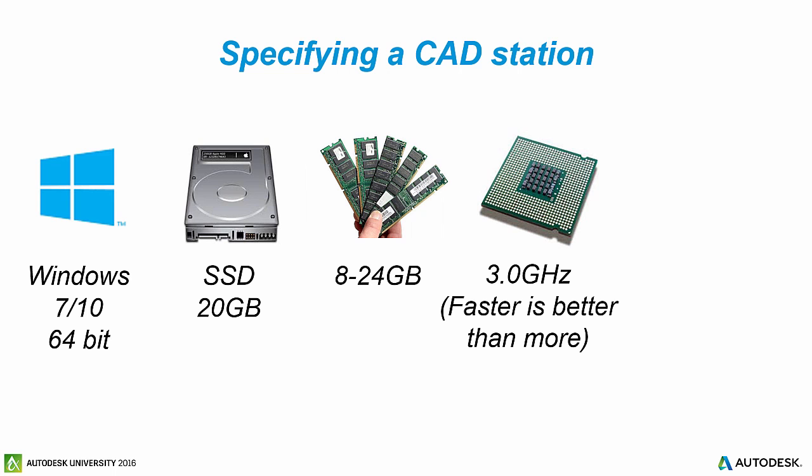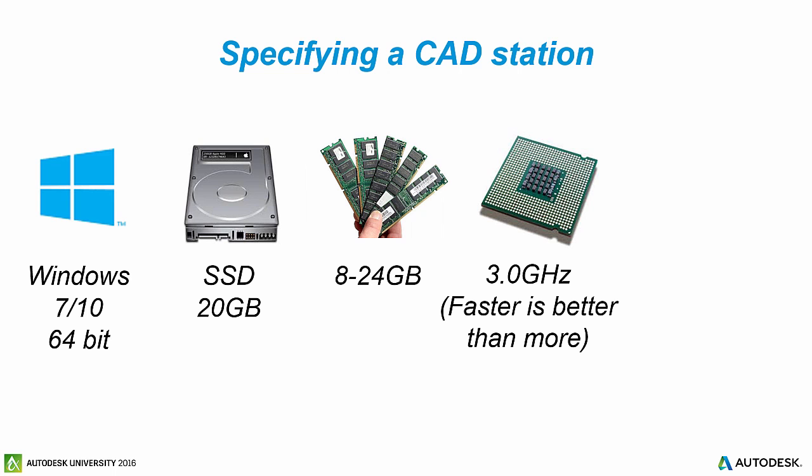Processors. Most CAD software is kind of old. It's been around for a while, so it doesn't run on multi-threading. There are some processes that do run on multi-threading. Rendering will benefit from multi-threading. Simulation will benefit from multi-threading. But generally speaking, your CAD station is going to use one CPU, and it's going to use it for doing all its calculations.